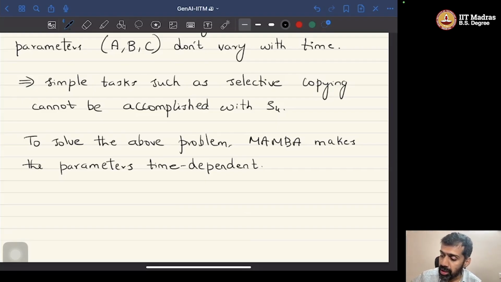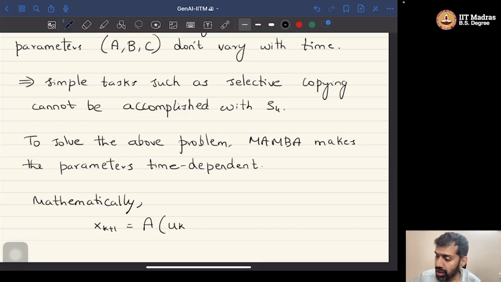So therefore mathematically the model looks like this. x k plus 1 is equal to a of uk times xk plus b of uk times uk, and yk is equal to c of uk times xk.